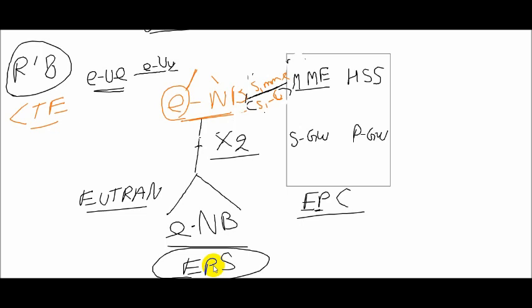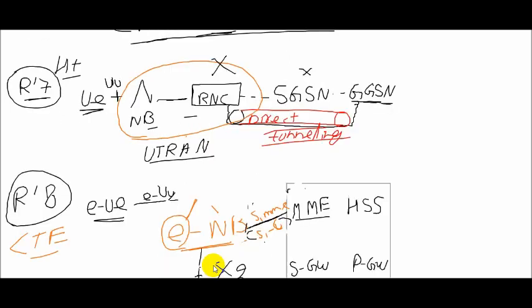It is getting all the data from the GGSN part or the P gateway part, and it is giving all the data to the E node B, right? So like in case of release 7, for data, RNC starts its communication with SGSN for control, but for data it starts the communication with GGSN directly, right?